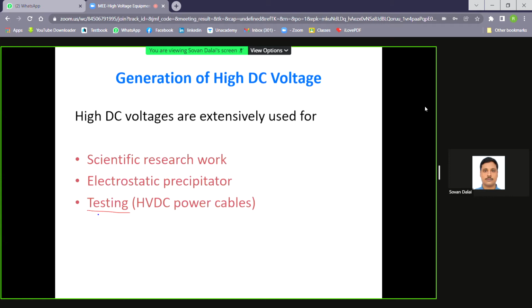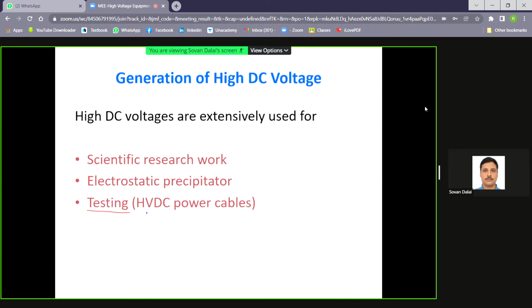Or testing of the equipment which is used in high voltage DC transmission, and in most cases we are testing HVDC power cable with the help of high DC voltage. Generally, power cables are tested with high voltage DC. What is the reason behind that?